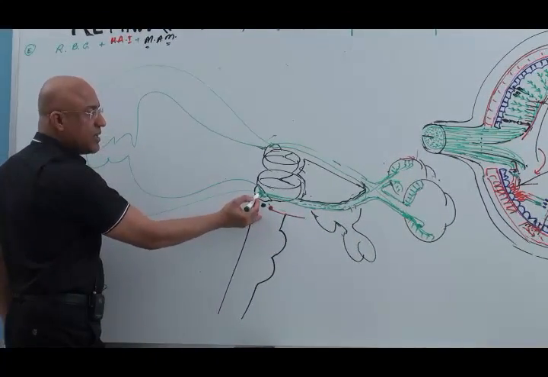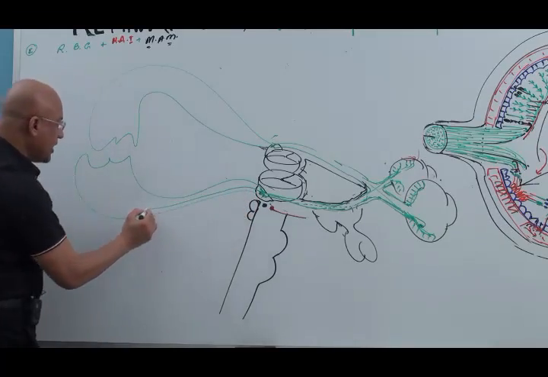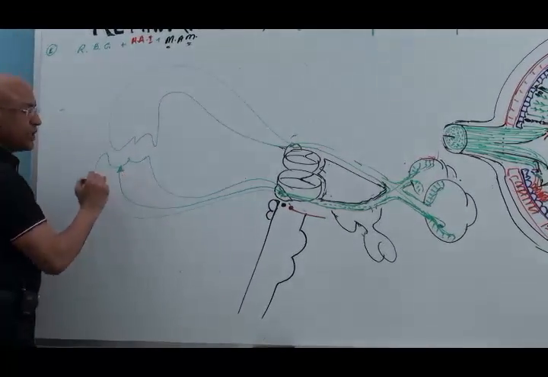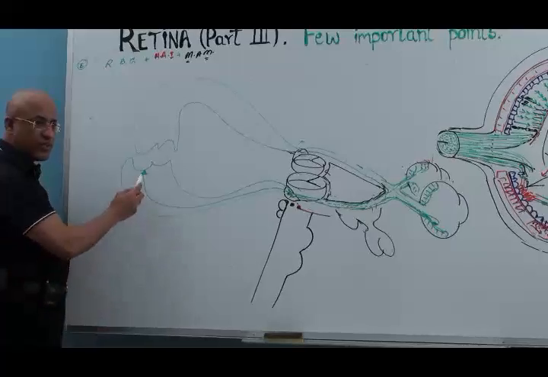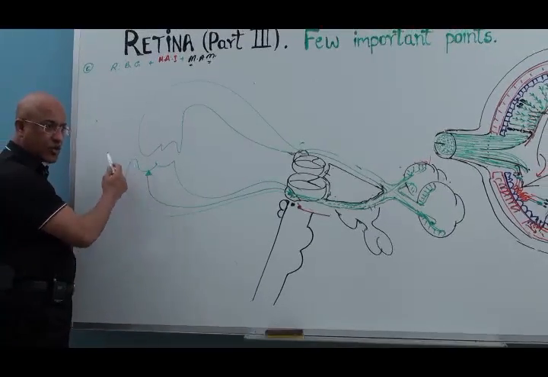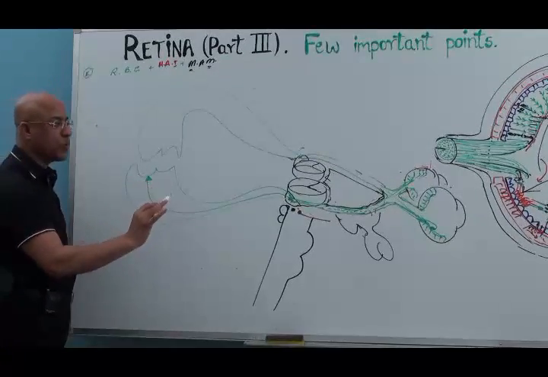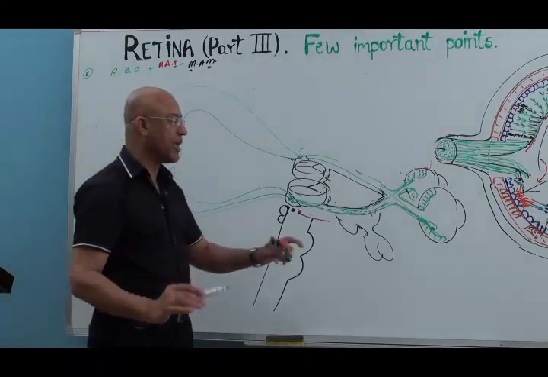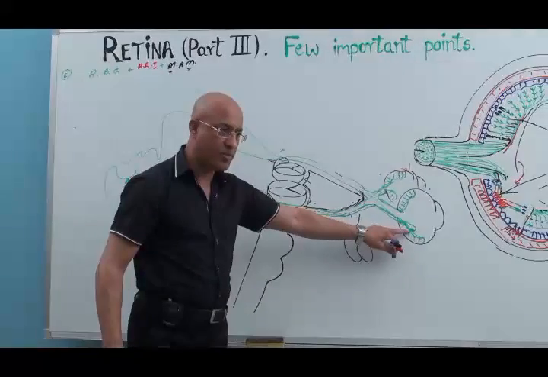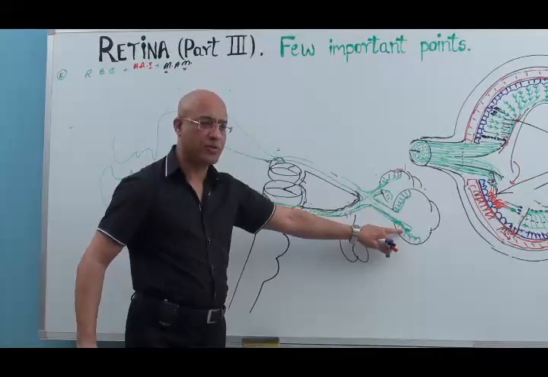Ganglion cell axons start from here and reach up to the lateral geniculate body. From here, the next fiber starts and goes to the visual cortex. Where is the calcarine fissure? At the occipital lobe. Is that right? I will not go into detail of the visual pathway. Right now I'm just trying to tell you where these fibers from ganglion cells end up in the central nervous system.